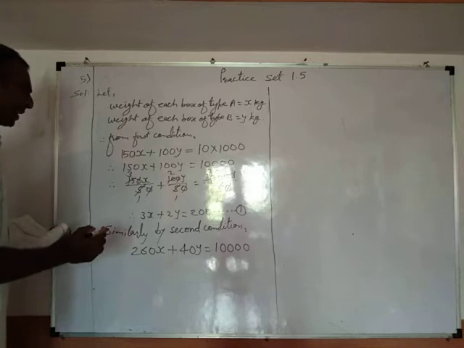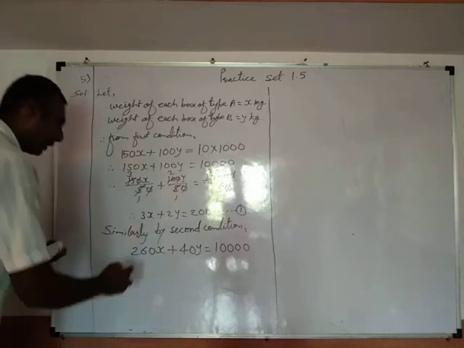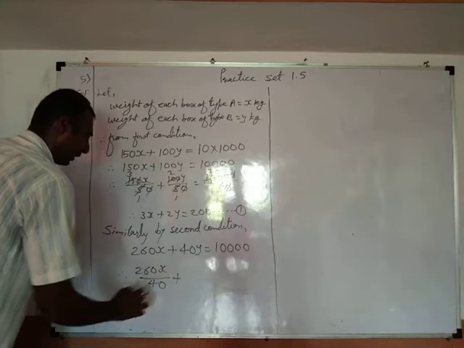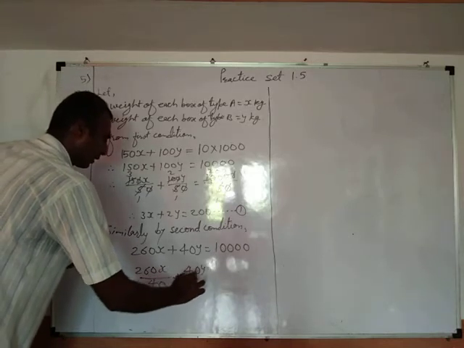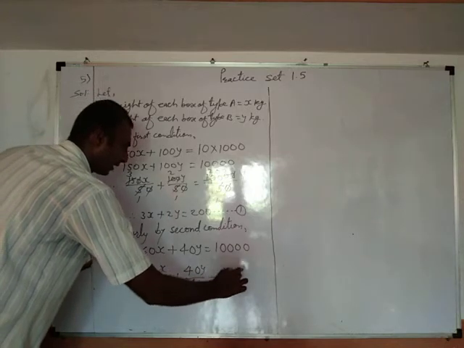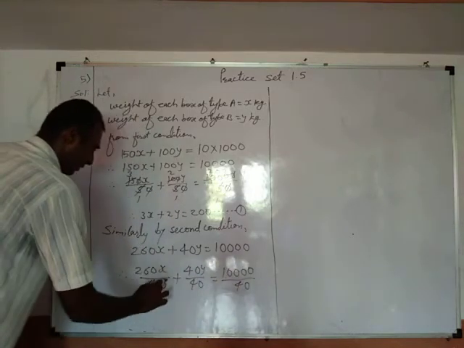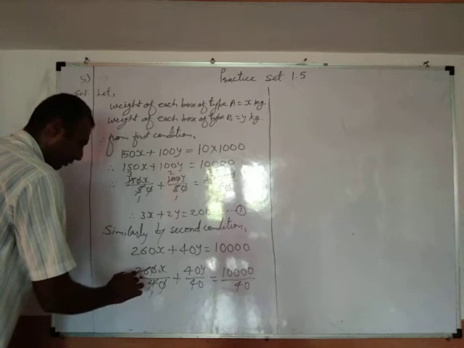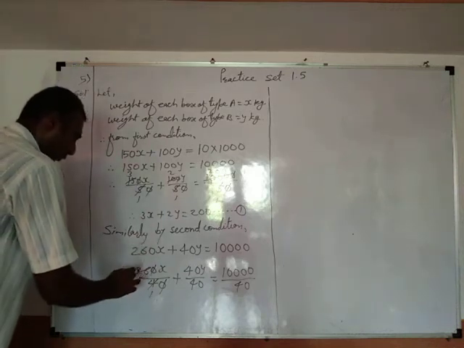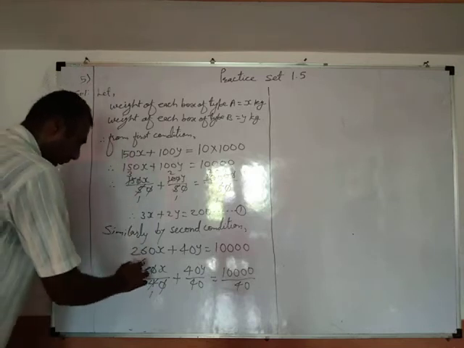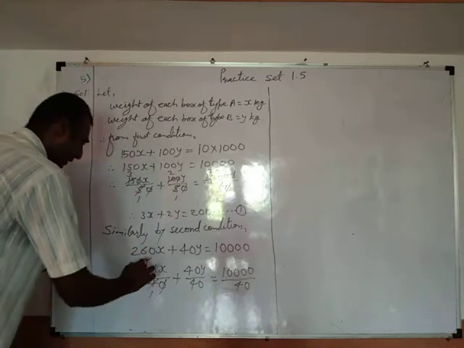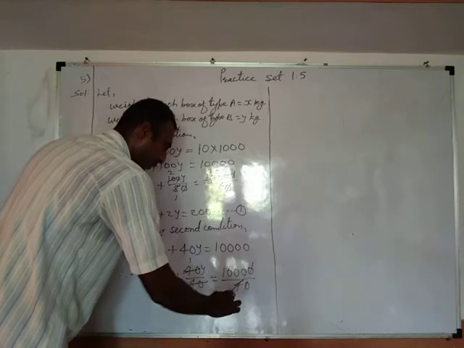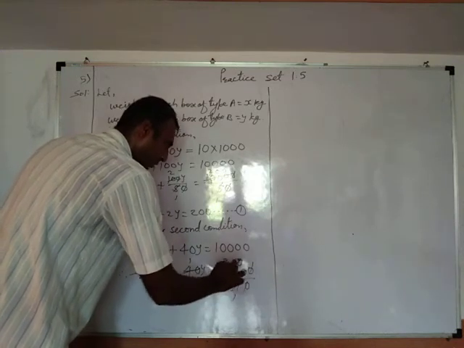Okay, now we may divide both sides by 40. Dividing both sides by 40, let us find what we get. 260x upon 40 plus 40y upon 40 equals 10,000 divided by 40. 0 cancels with 0. 4 ones are 4, 4 6s are 24, 4 5s are 20, 40 ones are 40, 0 cancels with 0, 4 ones are 4, 4 2s are 8, 4 5s are 20, 0 0.